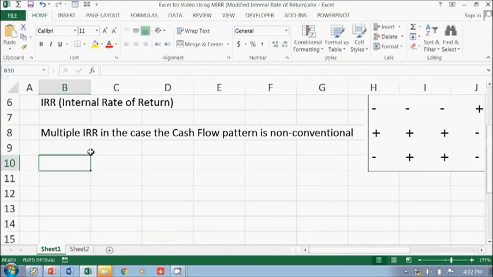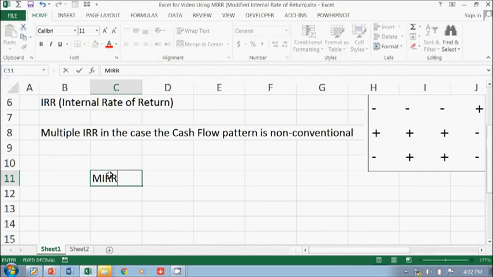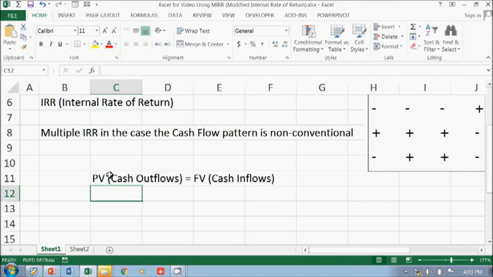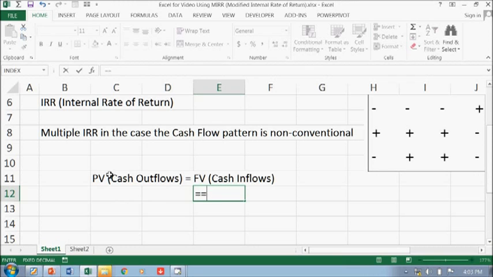I will put that in a formula. So MIRR is such that the present value of your cash outflows is equal to the future value of your cash inflows divided by 1 plus MIRR raised to the power of n.